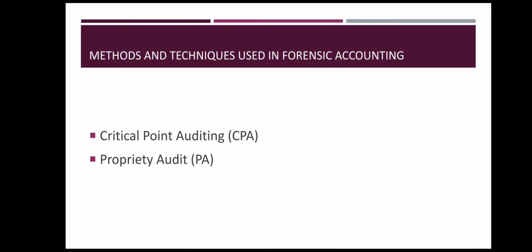The second method, the technique used in forensic accounting, is proprietary audit. Basically in this technique they try to analyze the expenditures and the revenues. They try to see from where the money is coming, that is revenues, and how this money is spent, whether the money which is coming is correct, whether correct funds are received, and whether this money is properly utilized for that purpose.